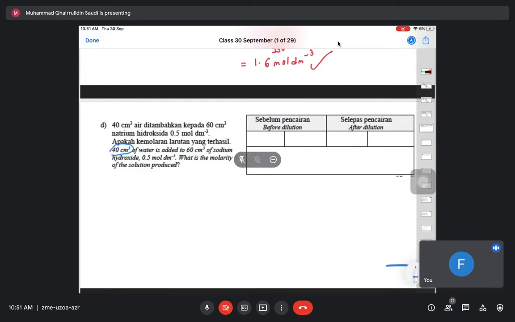Forty centimeter cube of water is added to 60 centimeter cube of sodium hydroxide 0.5 mole. What is the molarity of the solution produced? Produced meaning after, so they want to find M2. Automatically this is V1 and this is M1.